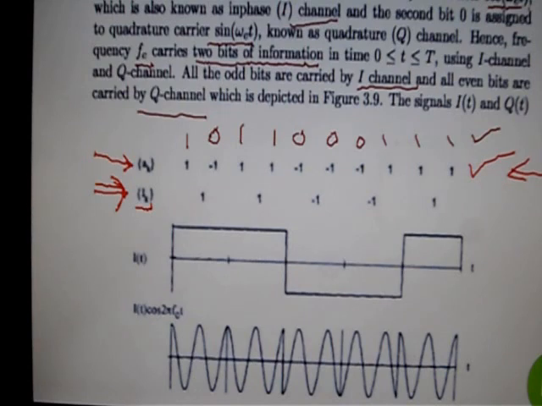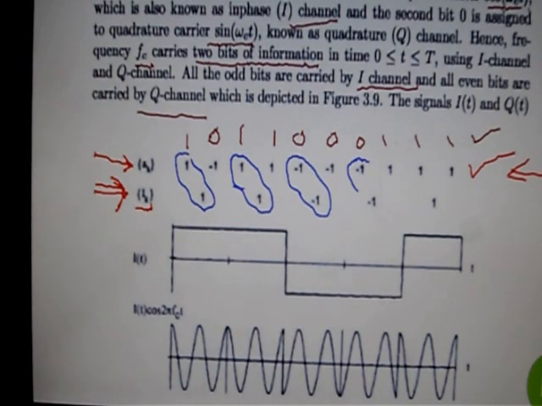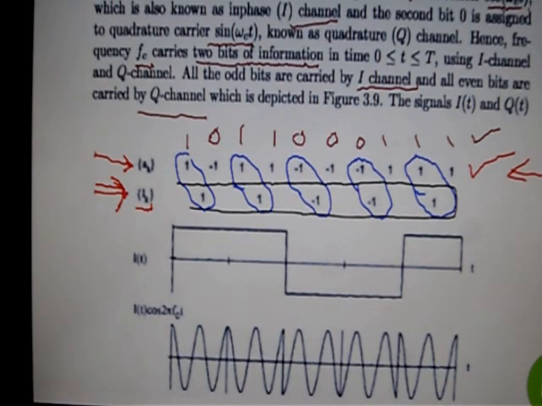You can see that the first bit comes here, right? Then the third bit comes here. Then the fifth bit. Similarly, we have the seventh bit and the ninth bit. So this is my sequence I of k.